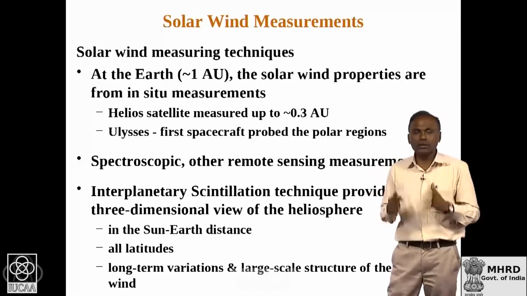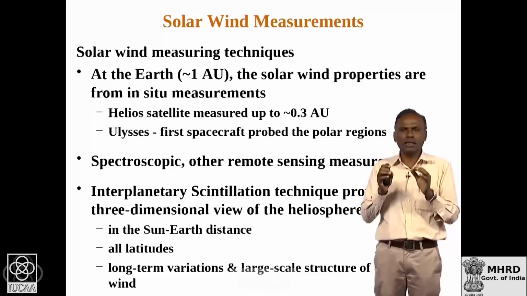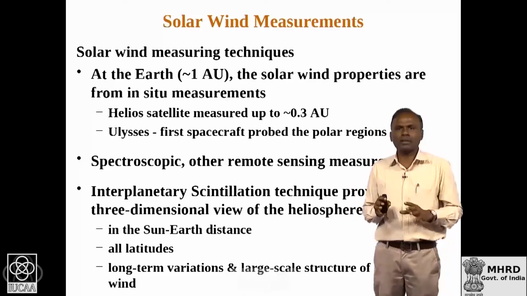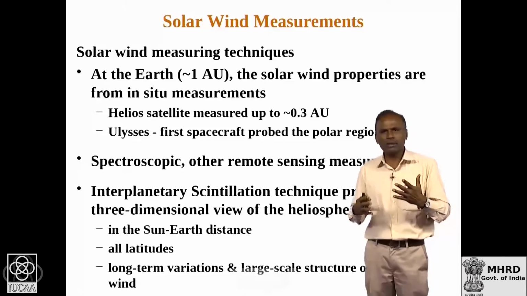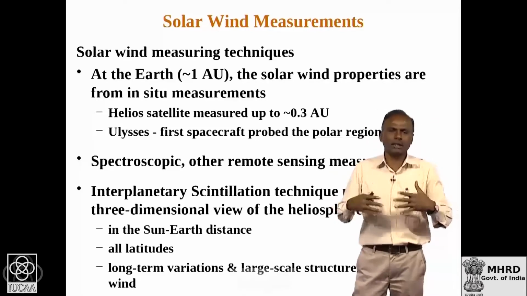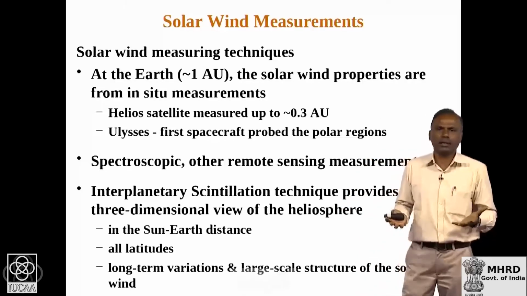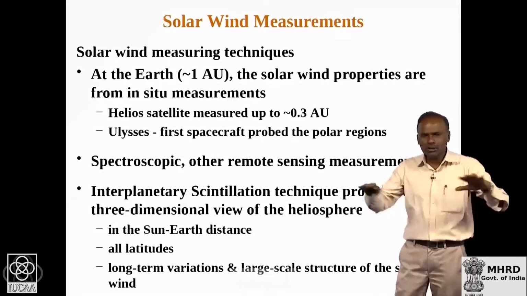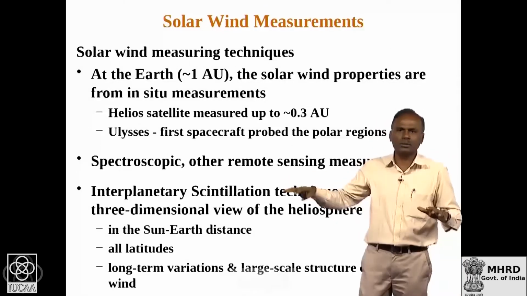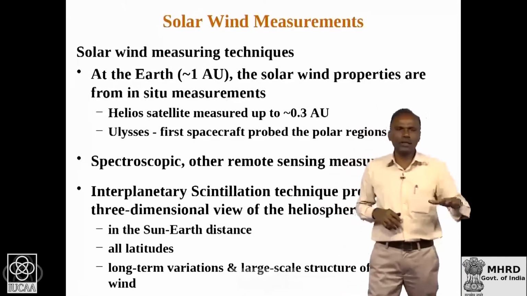In situ measurements are point measurements; they give properties of the solar wind at a given point. It is very difficult to get a three-dimensional view of the solar wind with in situ measurement. For example, most of the satellites are confined to the ecliptic plane at about 1 AU.